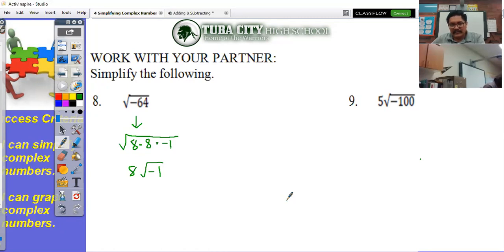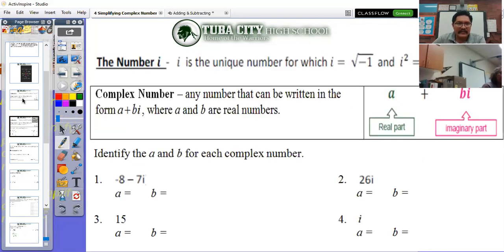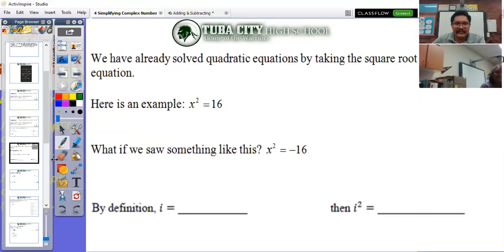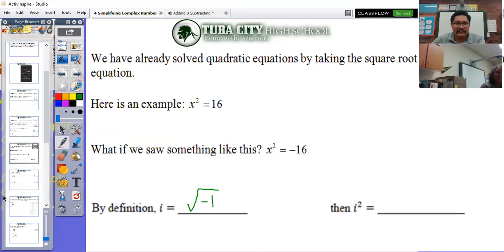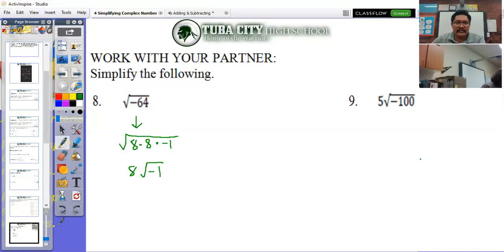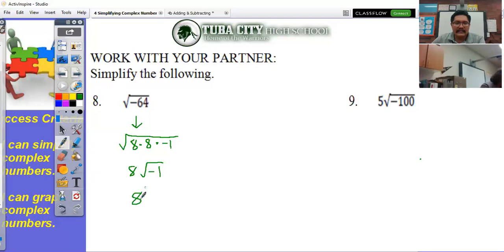But remember, we can also simplify the root of -1, because the definition of i is the square root of -1. So we're going to use that and replace this root of -1 with i. So 8 and then i.